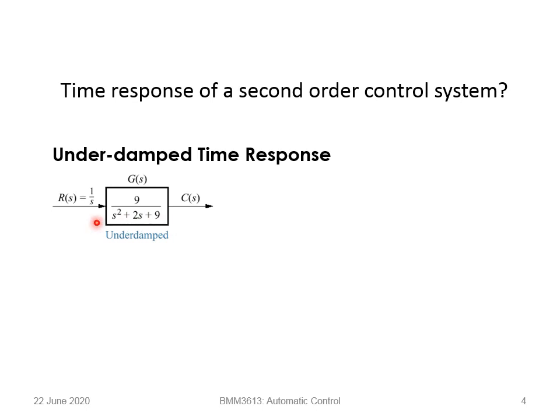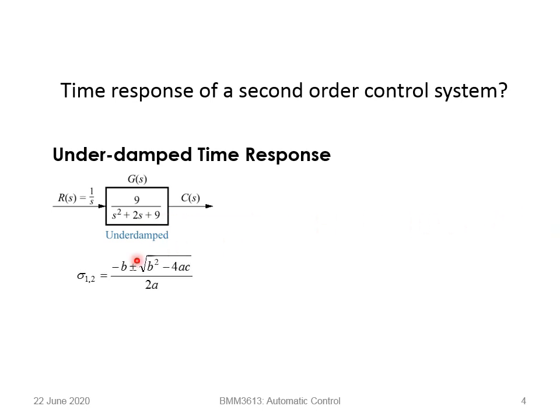So let's imagine we have 9 over s squared plus 2s plus 9. What we want to do is find the position of the poles, and from the position of the poles try to identify the time response of this transfer function or this system.